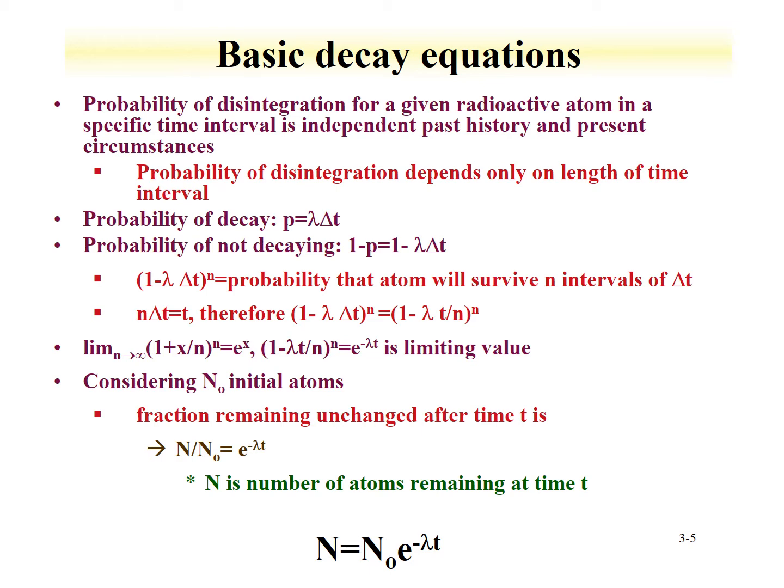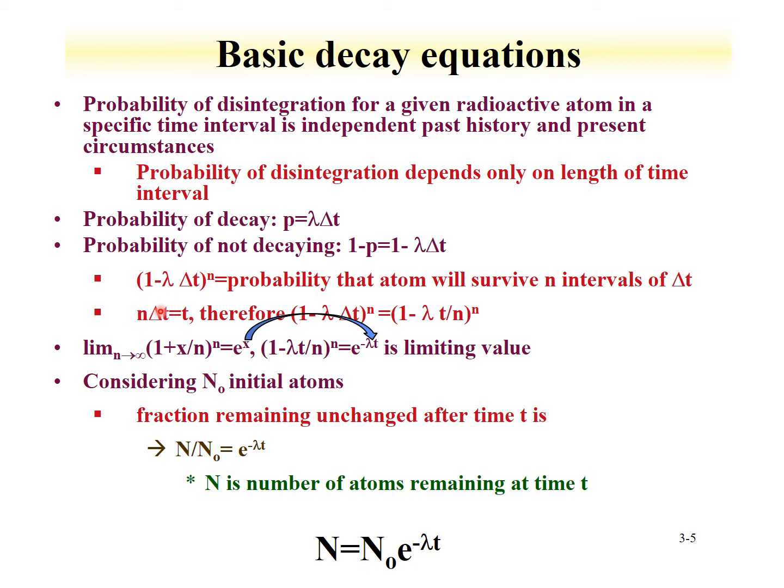So the probability of decay is equal to the decay constant times whatever time interval we're looking at. The probability of it not decaying is 1 minus that p, so 1 minus the decay constant times the time interval. The probability that an atom will survive n intervals of this delta t, we expand that equation: (1 minus lambda times delta t) to the n.